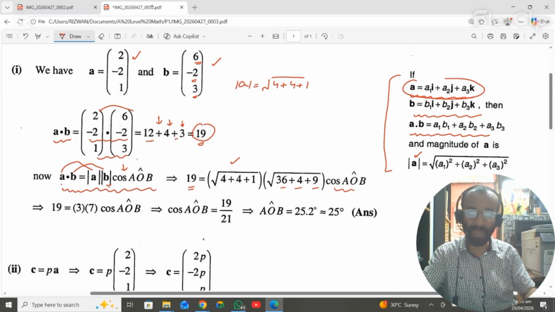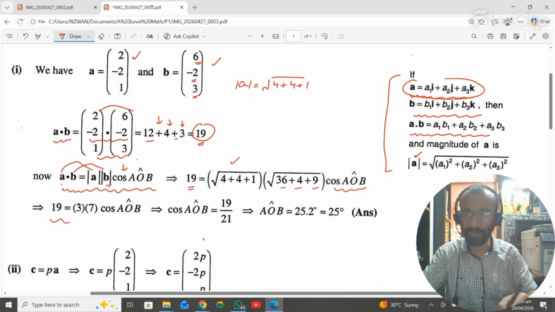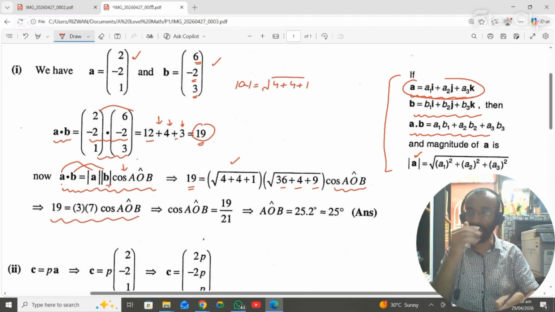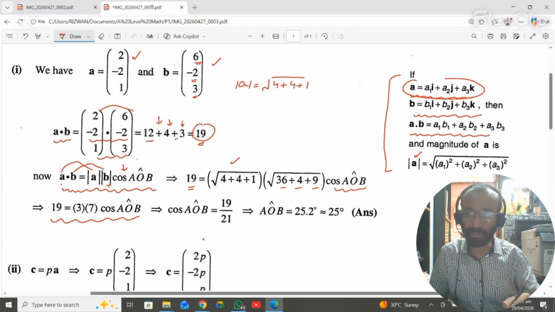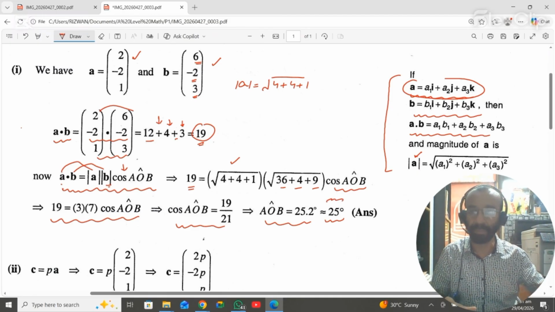And cos of AOB will remain as it is, because this is the angle which is going to be solved. After solving, 7 times 3 is 21 will go to the left hand side into the denominator of 19, and then cos will be inverse. So this is the angle to the nearest whole number.